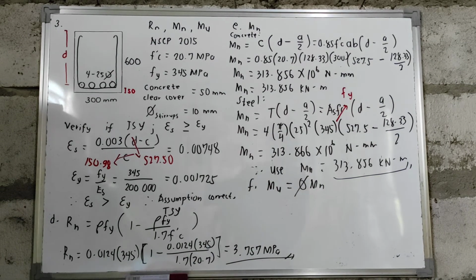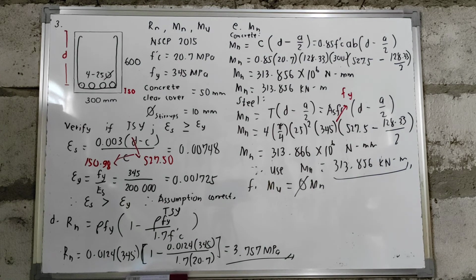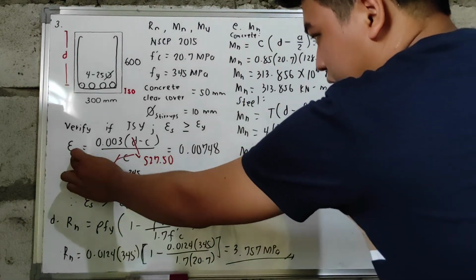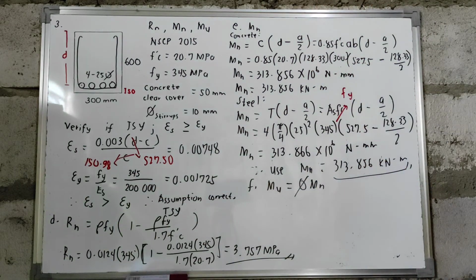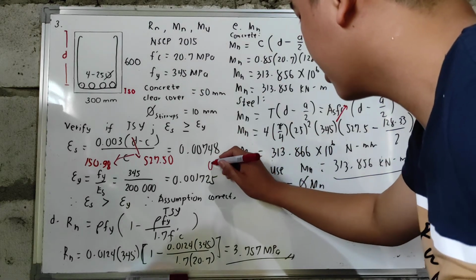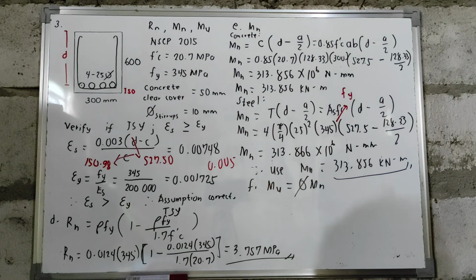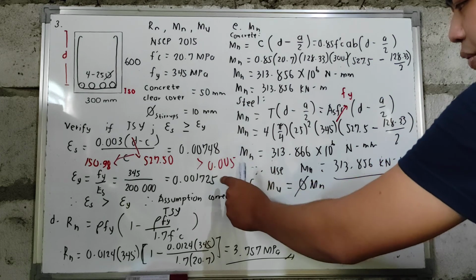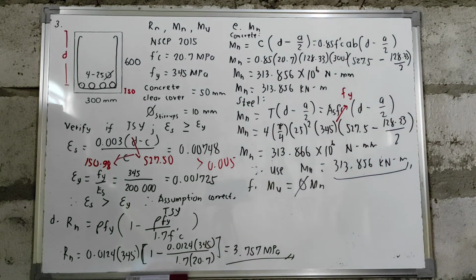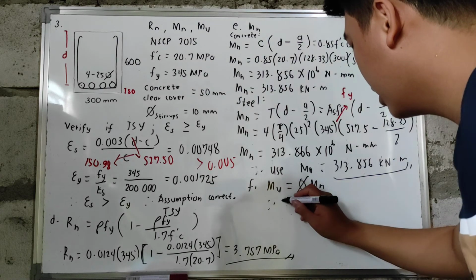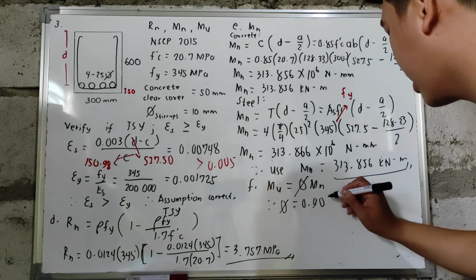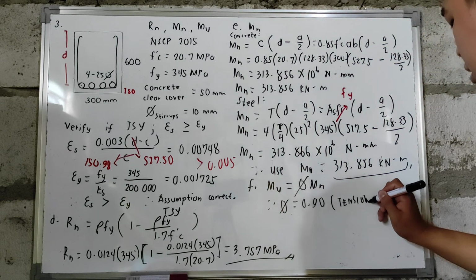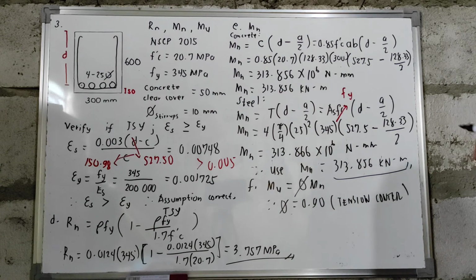So, in computing for your reduction factor, as I said a while ago, compare lang natin yung nakuha natin na actual na strain ng steel mo to the value na 0.005. Since greater yung epsilon S natin na 0.00748 to the value ng limiting value natin na 0.005, definitely yung gagamitin natin na reduction factor, that is 0.90, or nasa tension control tayo. Okay?